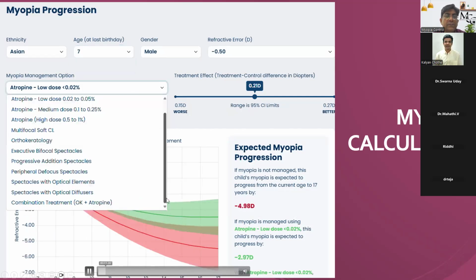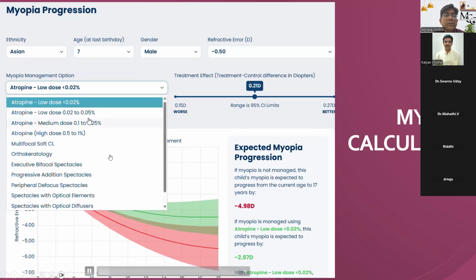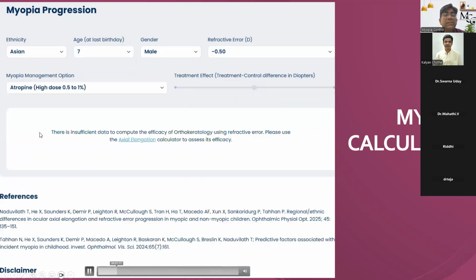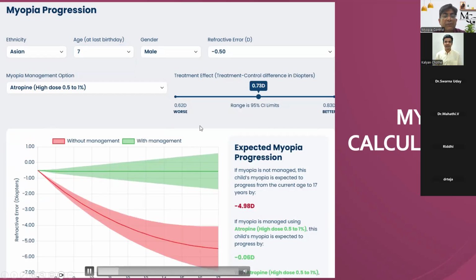Okay, this is soft keratology point. Okay. See, this is 0.5 to 1%. If you see this green part, it says that it will not improve. A high dose of atropine 0.5% only progress by 0.06 diopters.